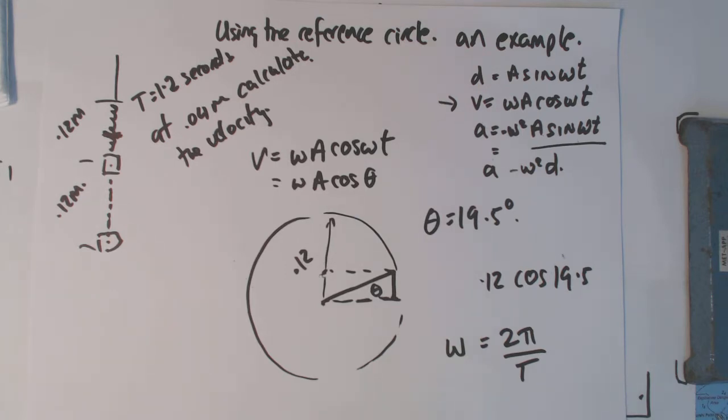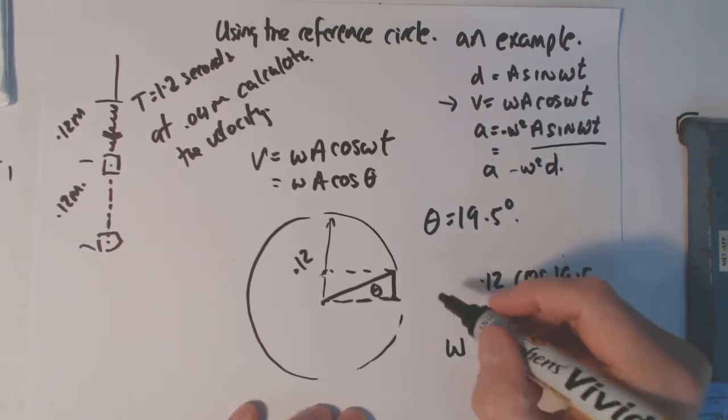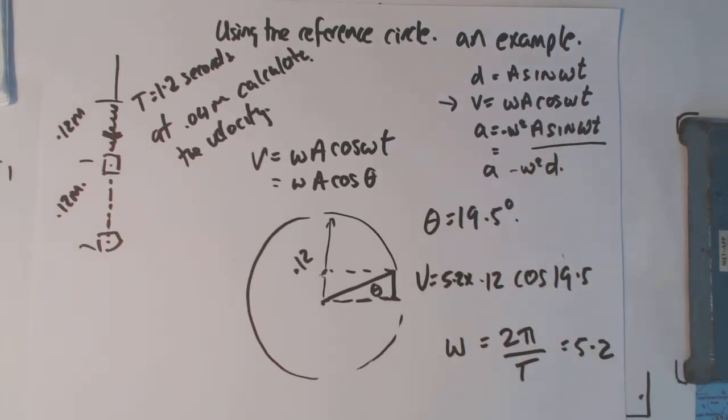So we do our little calculation of 2 pi. Okay, let me just do that. 3.14, 6.28 divided by T, which was 1.2. I've got an omega of about 5.2. So now I can just do my equation for v. 5.2 times 0.12 times the cos of 19.5.